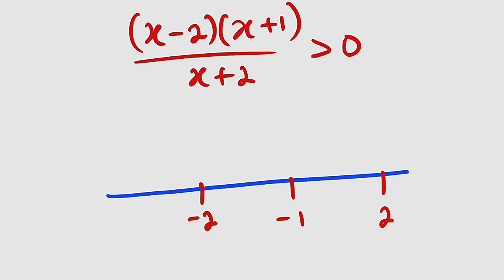Remember that all these three values will not satisfy the inequality, because if you plug in -2 here, the bottom will be 0, and we don't want that situation. And because of the greater than type, we are not going to include the roots. These are the roots, right? This and this. So we are going to make a circle here indicating that none of them is a solution.